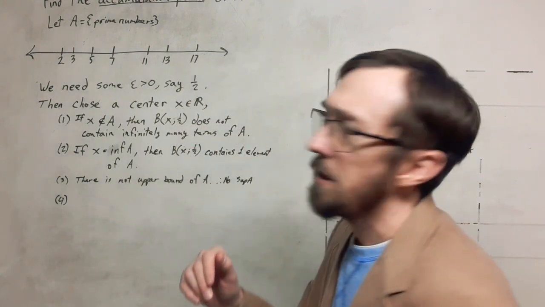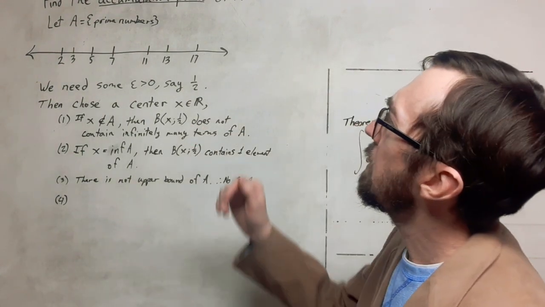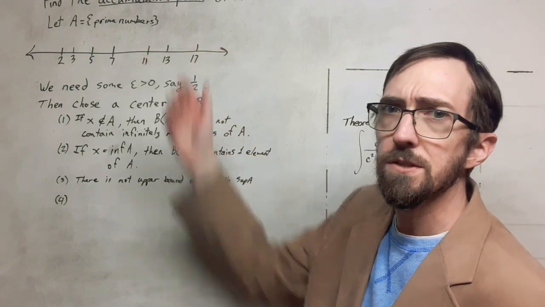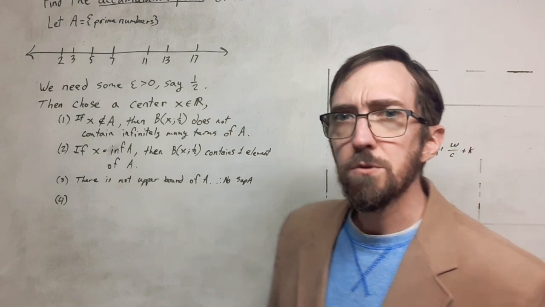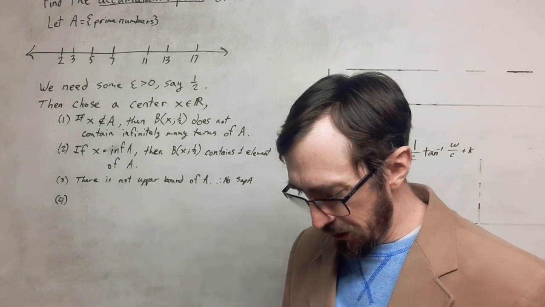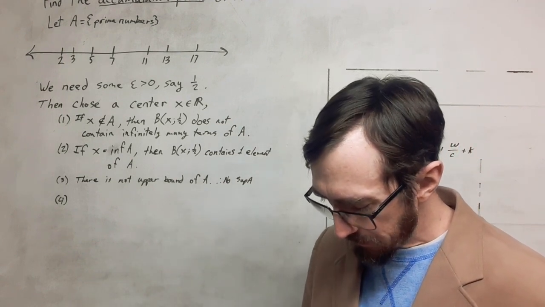I want to look at the problem of finding the accumulation points of the prime numbers. And we're going to want to use the definition of an accumulation point for that.